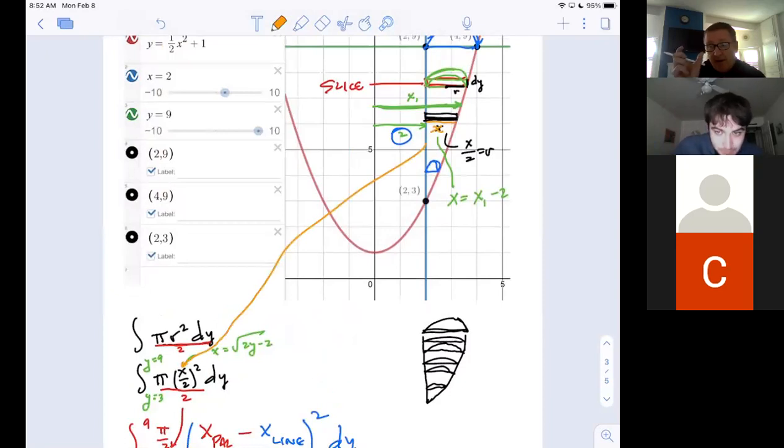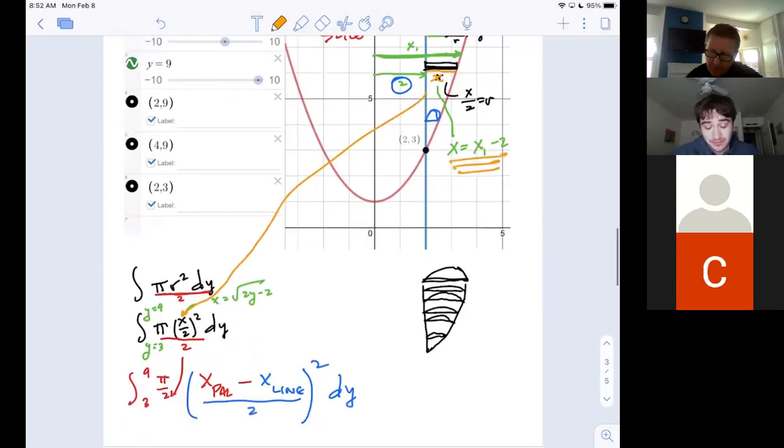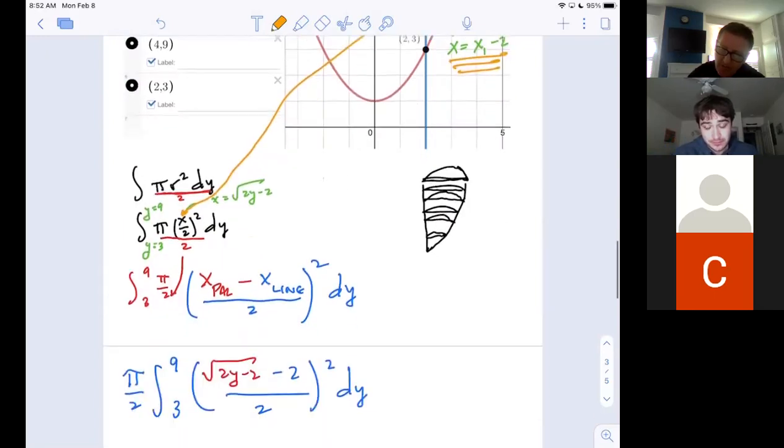Hey, that x is found by subtracting a couple of things. That x is found by the parabola x minus 2, if you will. So that's why we went back and said parabola's x minus the 2. So there's the parabola x, but switched into y, and then minus 2. And then the 2. Okay, that does make sense.